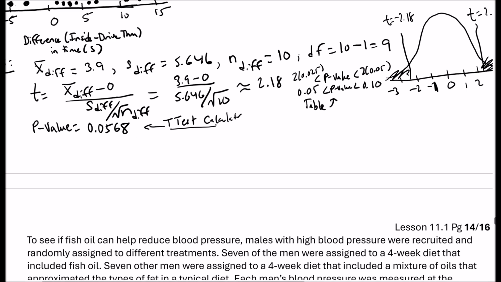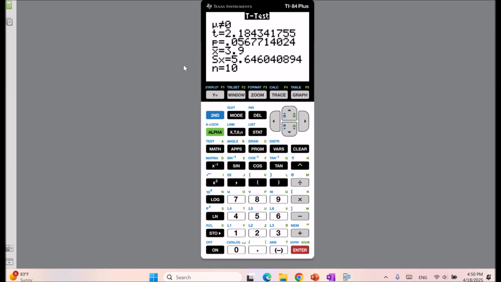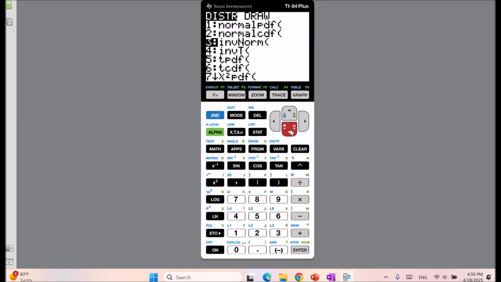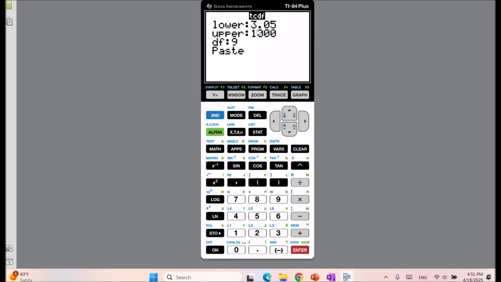Let me show you that just so you have all 3 options. All right, let me show you the TCDF function. We're going to do second vars, and then go down to TCDF, and then we're going to do our lower and upper. So our lower is negative infinity. If you recall we had the 2 tails, right?